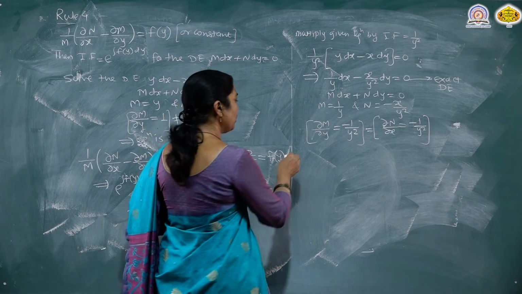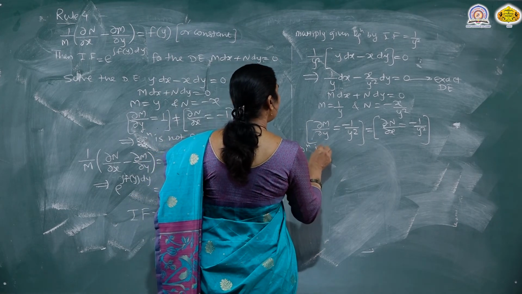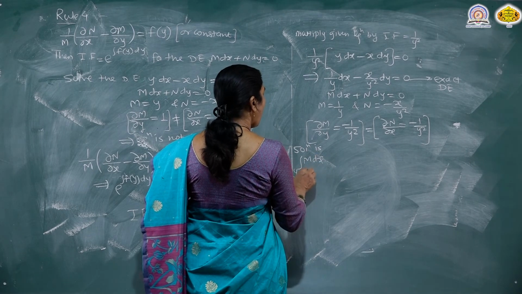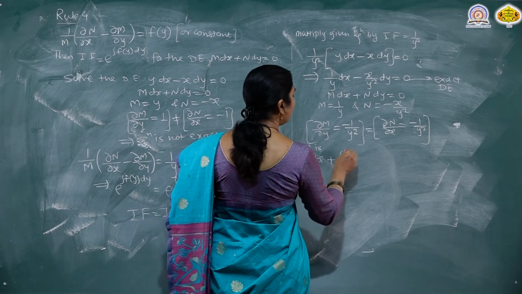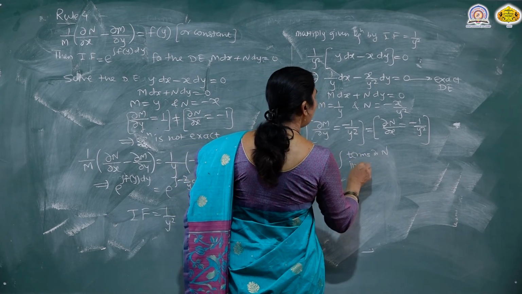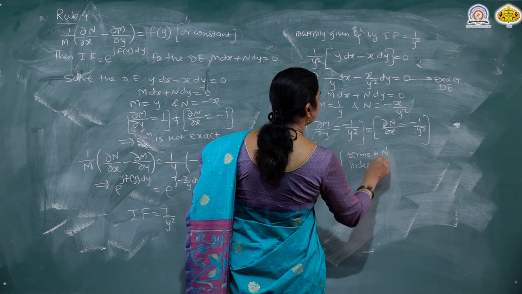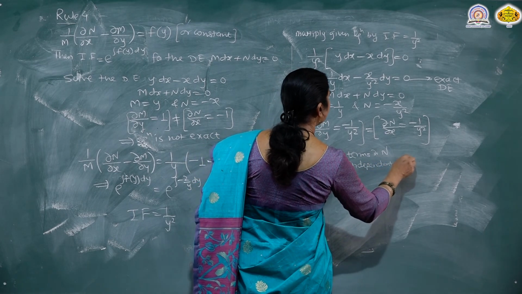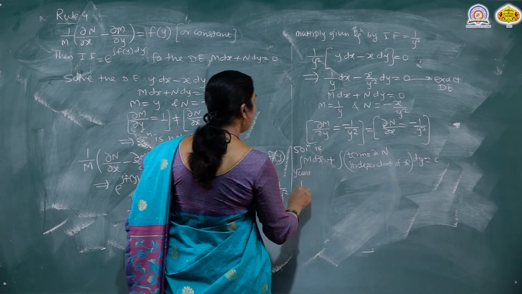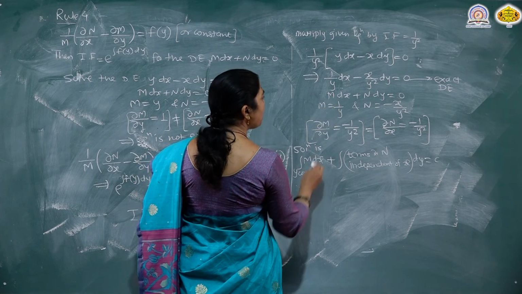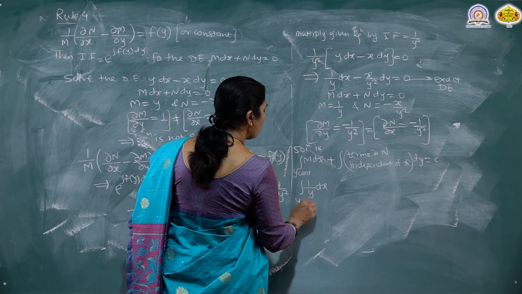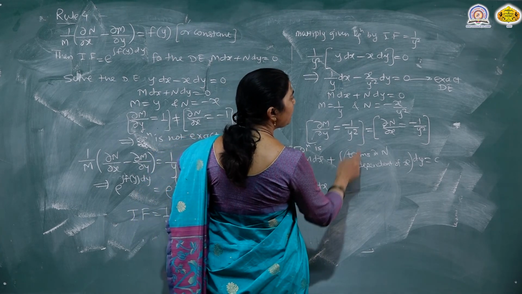And if it is an exact differential equation, its solution is given by integral m dx over y constant plus integral of terms in n independent of x dy is equal to c. Therefore, integral m dx, m is nothing but 1 upon y, dx over y constant, plus terms in n independent of x.